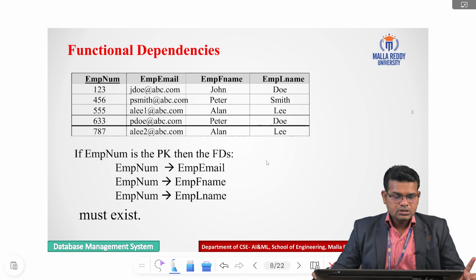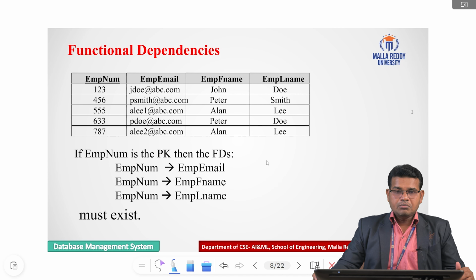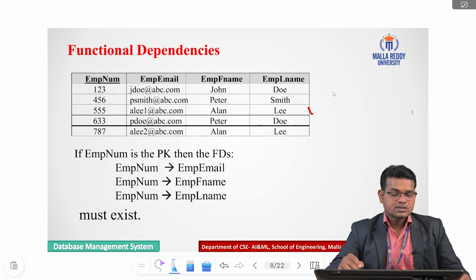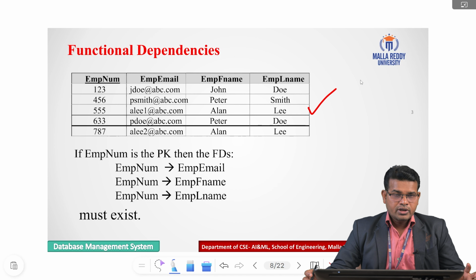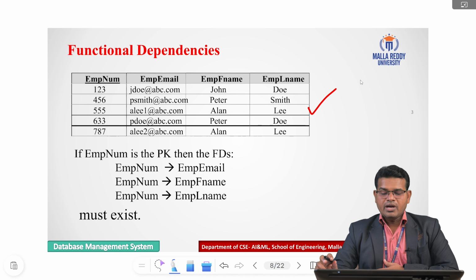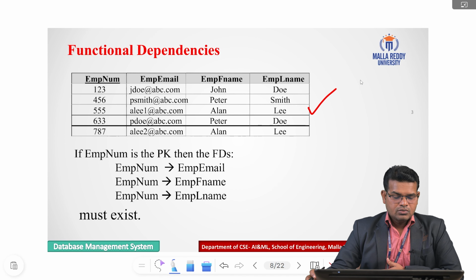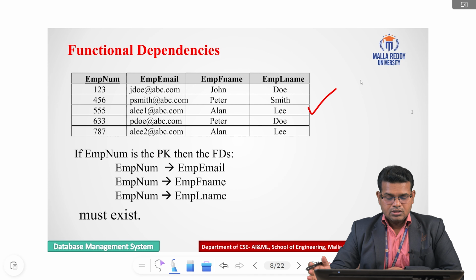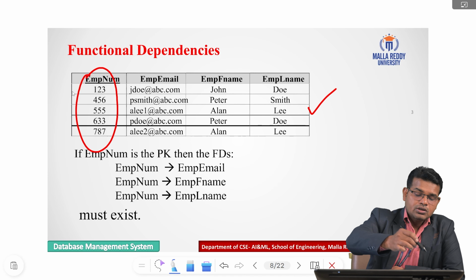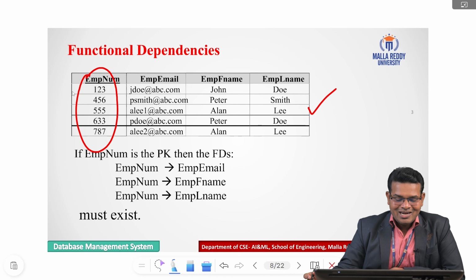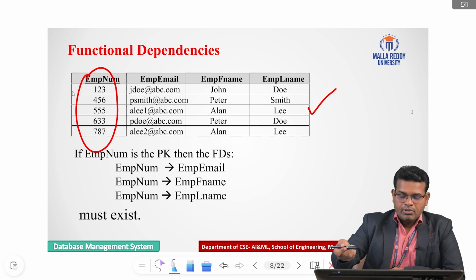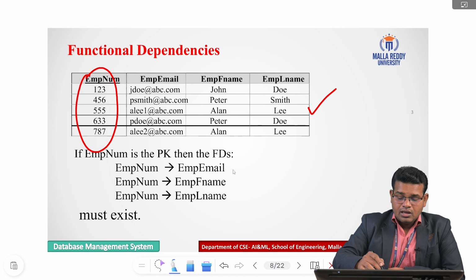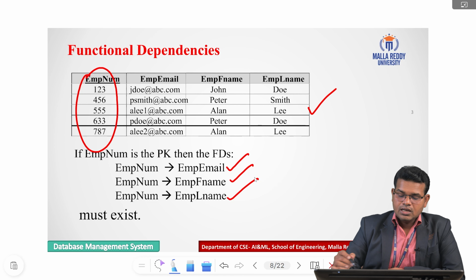Let's see an example of how functional dependencies work. I'm taking an employee relation, with employee number, employee email, employee first name and last name. Employee number determines employee email. As the employee number is unique, it can be used to determine the other attributes: employee email, employee first name, employee last name.